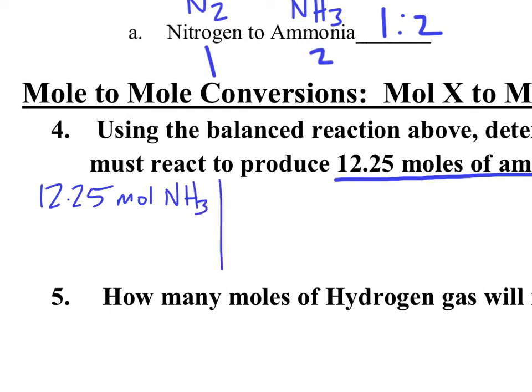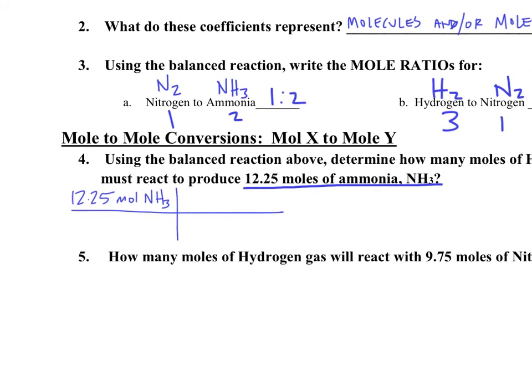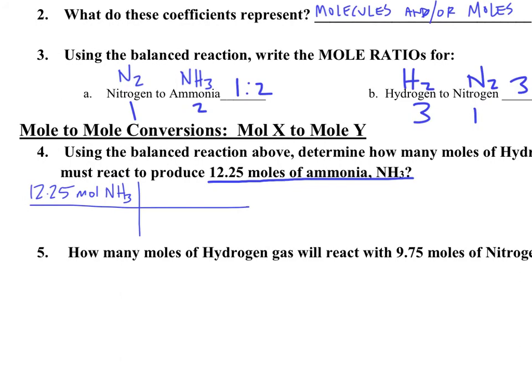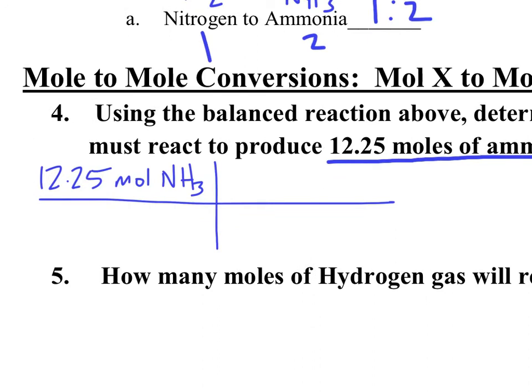Okay, so I'm going to set up my T-chart like so. Now, we've practiced converting or bringing down the unit. So my unit's moles of ammonia. So I'm going to continue to do that. So I'm going to rewrite moles of ammonia.